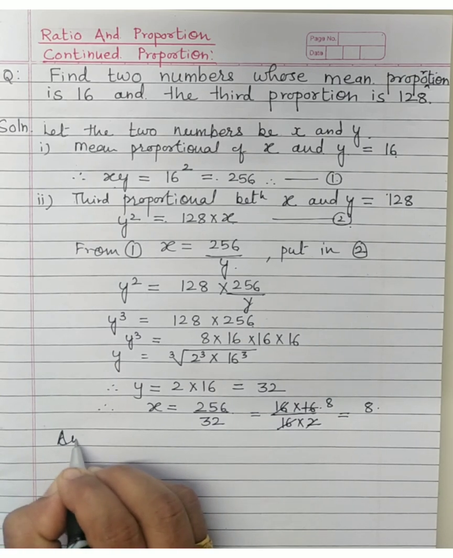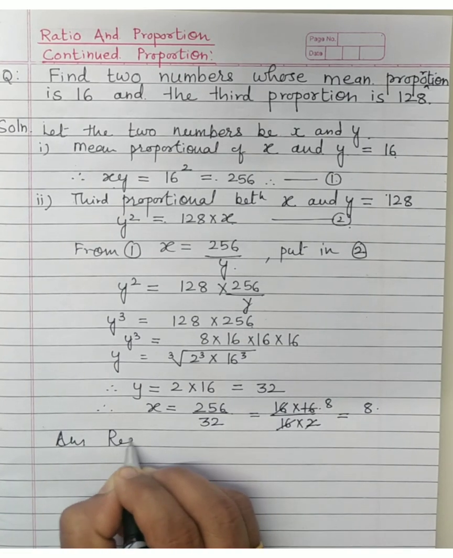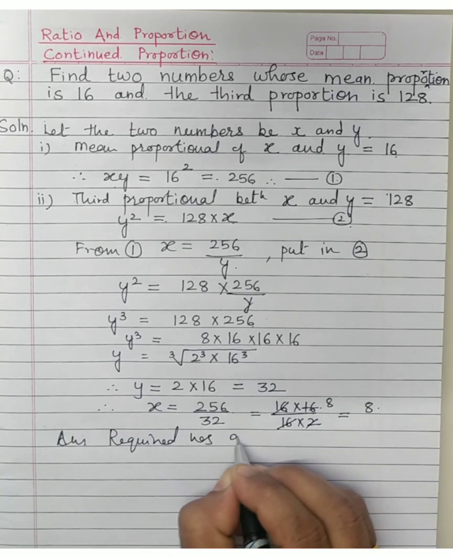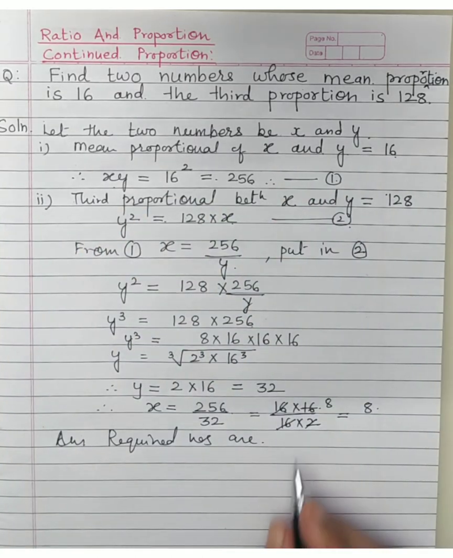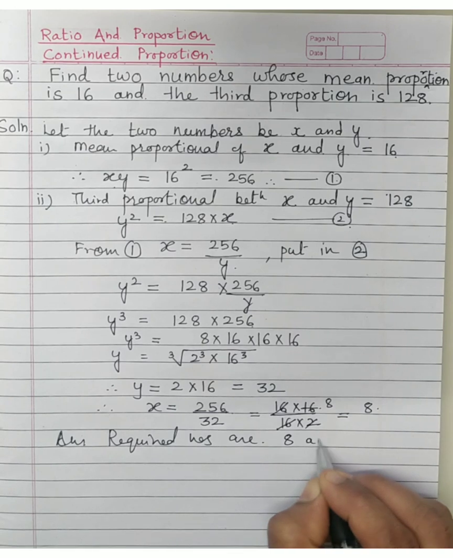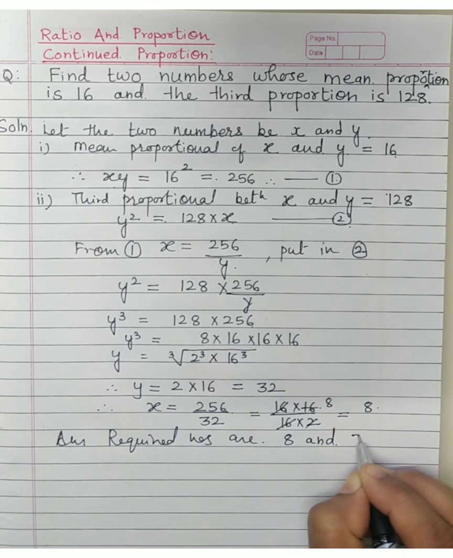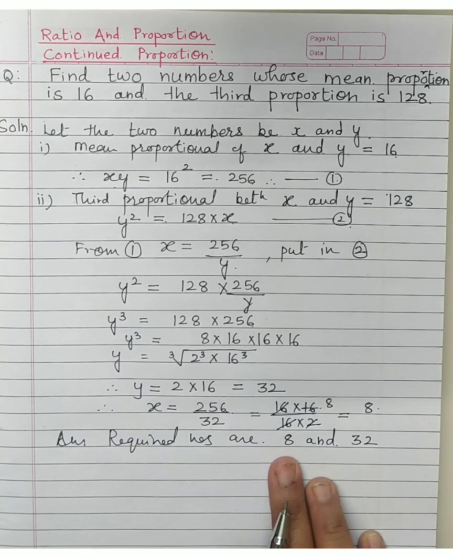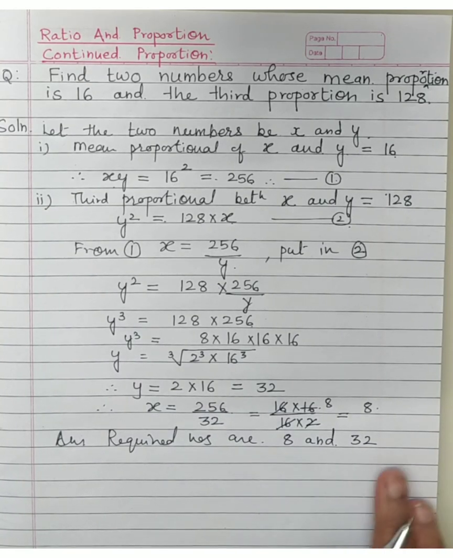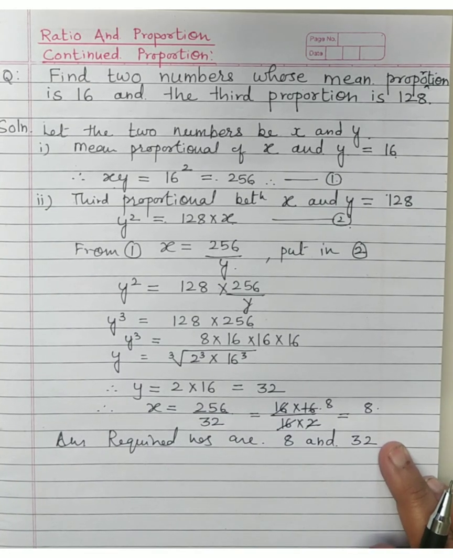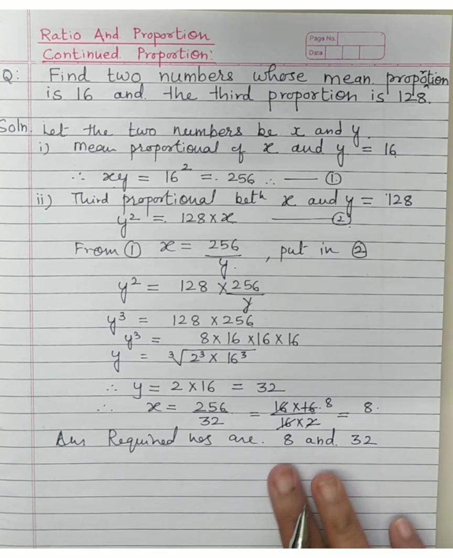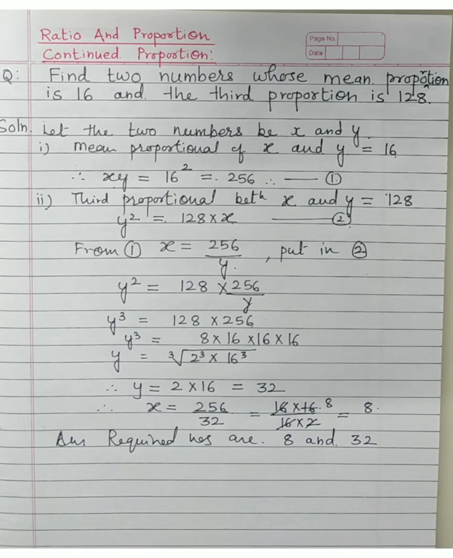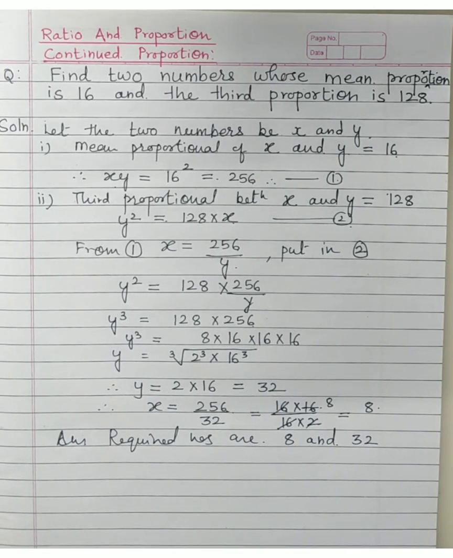So our required numbers, X and Y, are 8 and 32. Such that if you find the mean proportion between 8 and 32, answer will be 16. And if you find the third proportional to 8 and 32, answer will be 128. Followed.